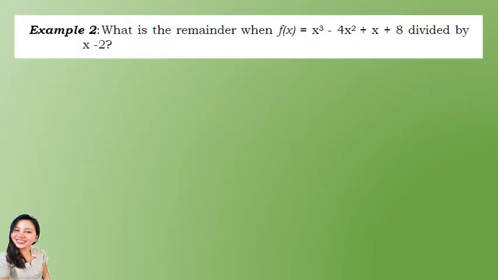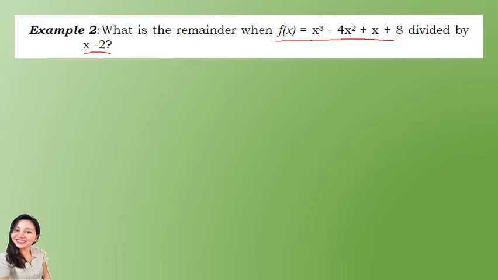What is the remainder when f of x equals x cubed minus 4x squared plus x plus 8 is divided by x minus 2? So, the question is asking for the remainder. Again, there are two methods to answer this: synthetic division or the remainder theorem.